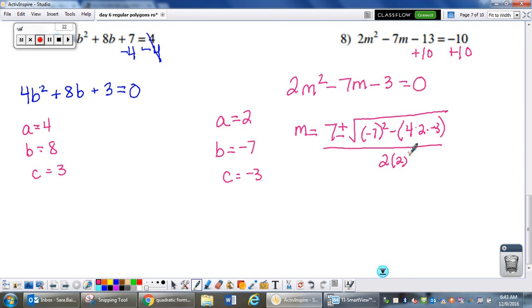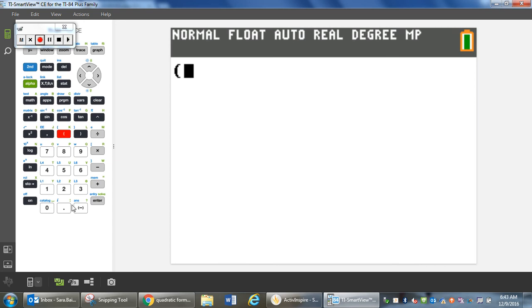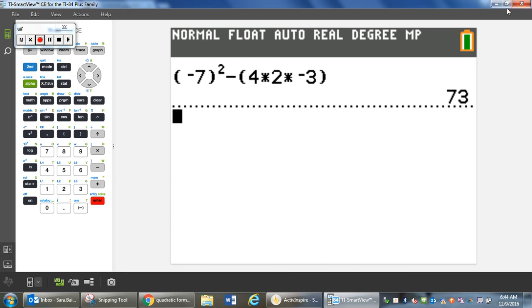2a. All right, so key that discriminant in your calculator, and we'll see, hopefully we get a perfect square, but remember, life is not always perfect. All right, so we got 73.